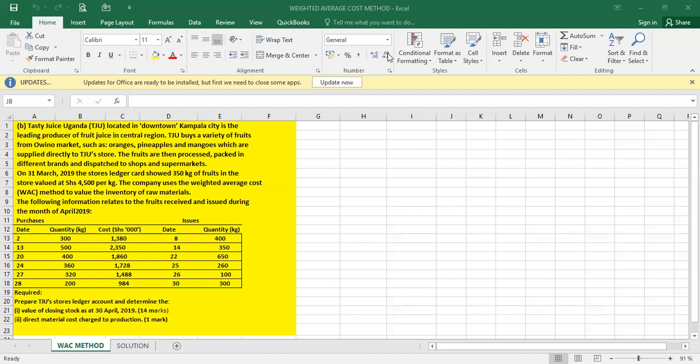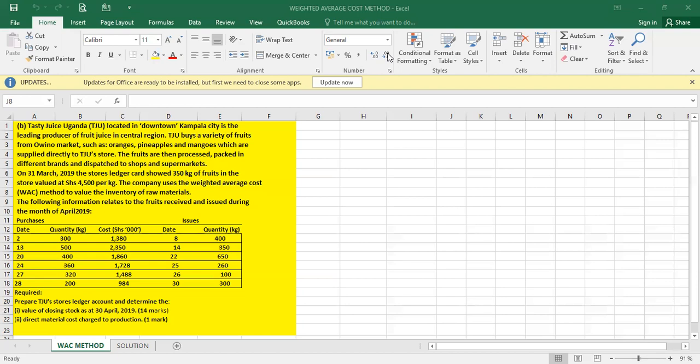Then we have the required: prepare TJU's store ledger card and determine, Roman number 1, the value of the closing stock as at 31st April 2019.